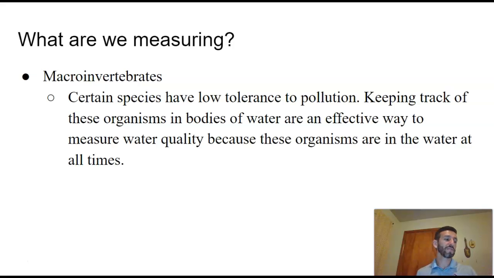I can go in today and measure the DO and the pH and whatever in the water, and come back a week later, but then I don't have any measurements for any of that time in between. But those organisms, they were in that water all the time. And if it's not safe for them, they're going to go downstream somewhere else. Okay, so macroinvertebrates that are sensitive to pollution are good indicator species to measure the quality of water. And that's all we've got.